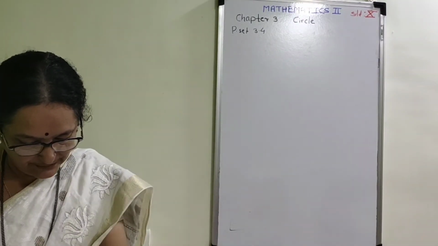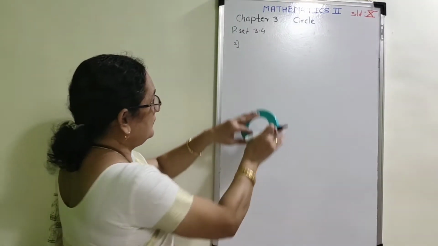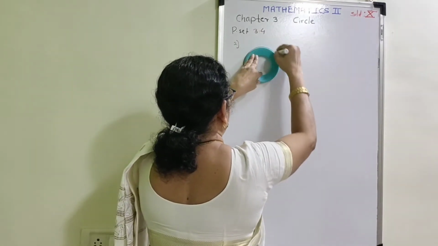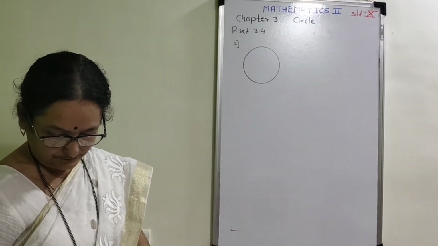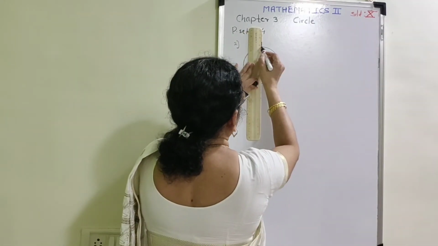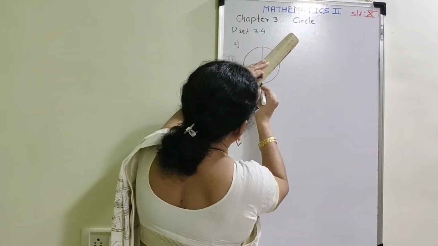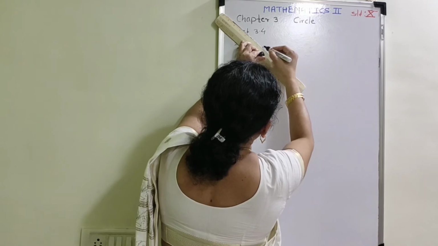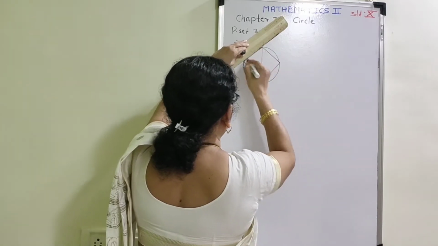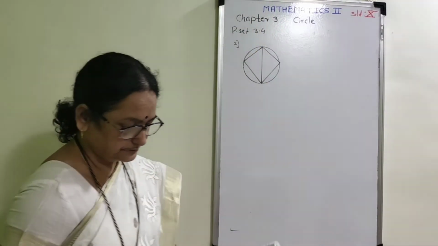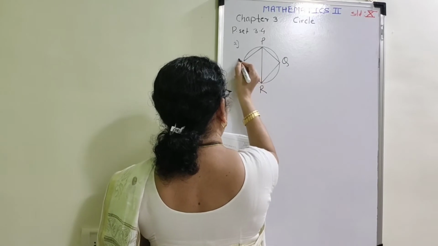First of all, complete the given figure. Quadrilateral PQRS is cyclic quadrilateral.